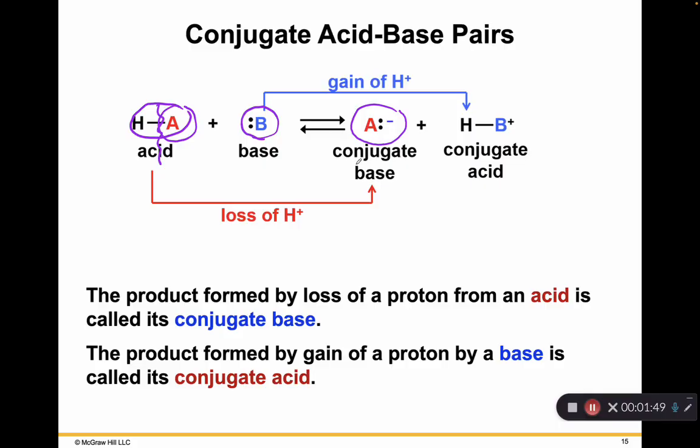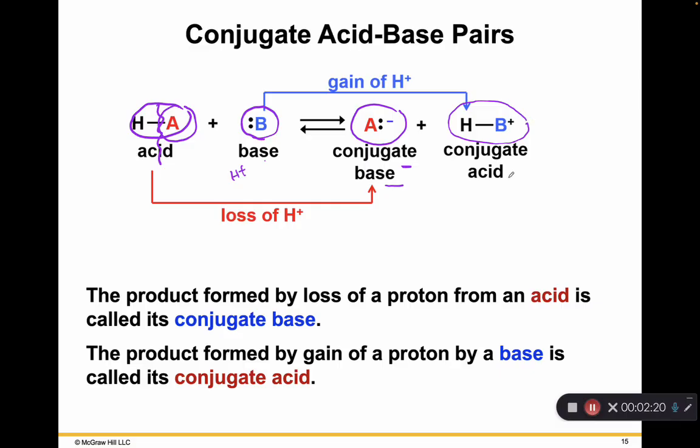We call this conjugate base. So the acid, after losing the H plus, whatever is left over, that leftover species is known as the conjugate base. Now let's see the base. We have base B. After gaining that H plus that was given away by the acid, it now becomes HB with a plus charge on it.